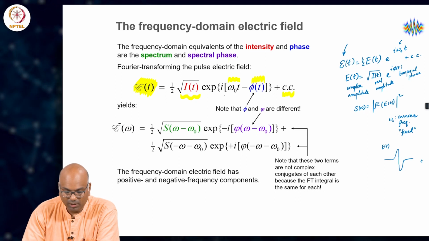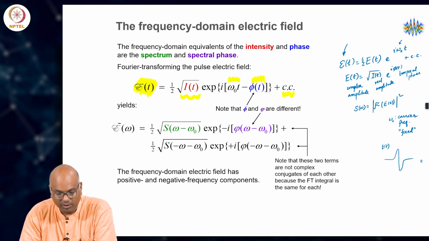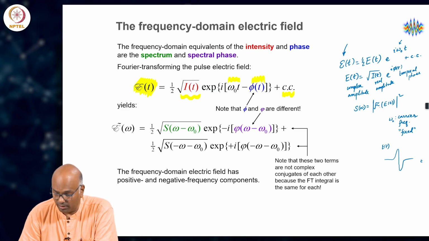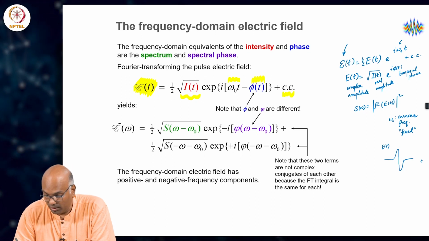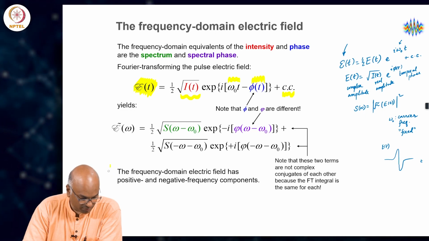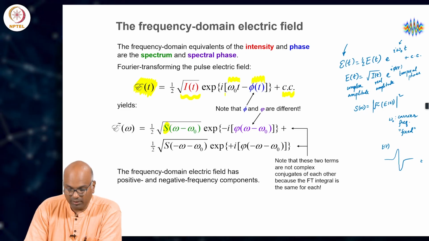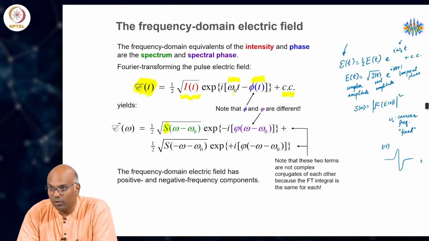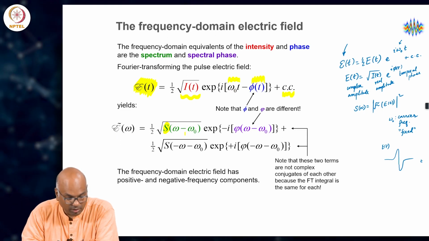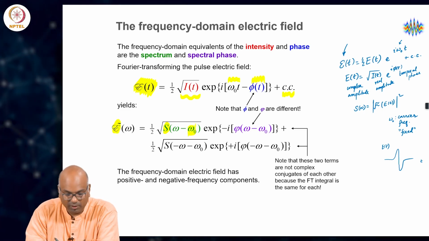So, we now use the notion of shifting or taking the Fourier transform of all except e to the power i omega t, which is what we call the spectrum, I mean the Fourier transform of the complex amplitude has something to do with the spectrum function, which is S, but then multiplying this with just the mere phase factor e to the i omega naught t does not do anything much to the shape of the spectral amplitude of the Fourier transformed E tilde. It simply causes, in this case, a shift by minus omega naught.